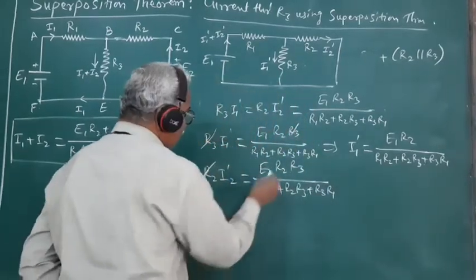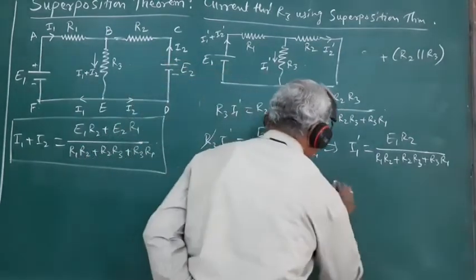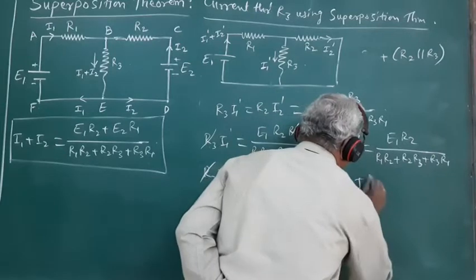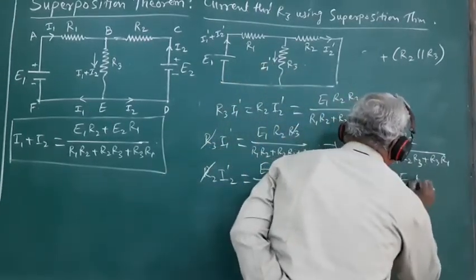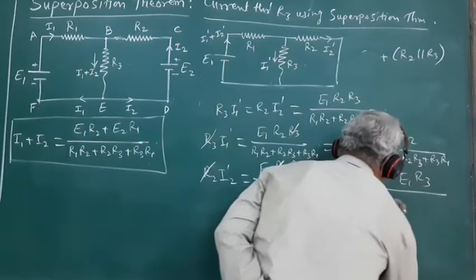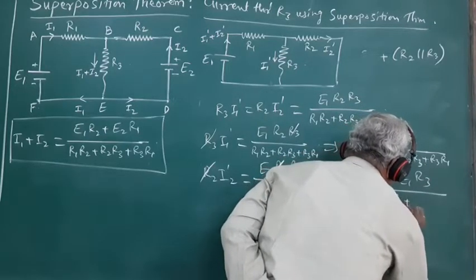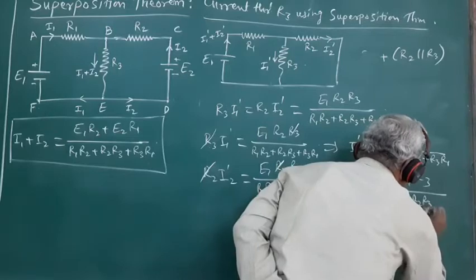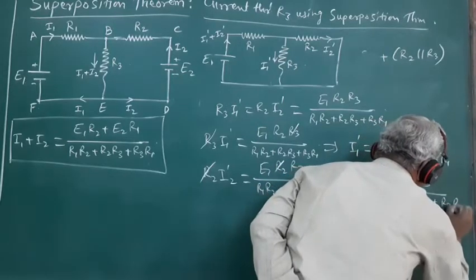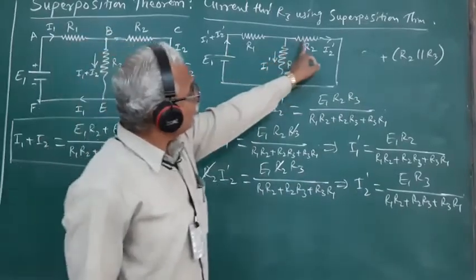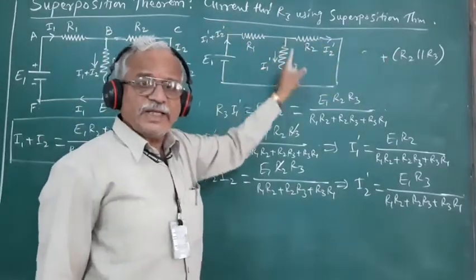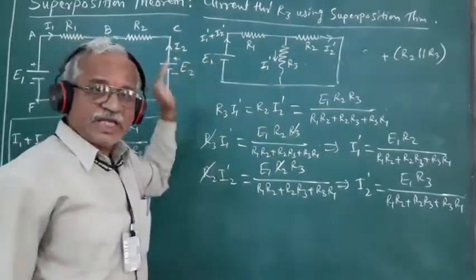So this R2 R2 will get cancelled. This implies I2 prime is equal to E1 R3 divided by R1 R2 plus R2 R3 plus R3 R1. So this is the current I2 prime that will flow through R2 only due to the source E1.